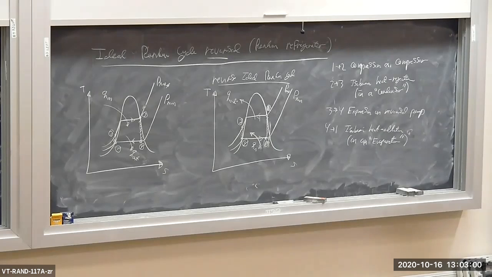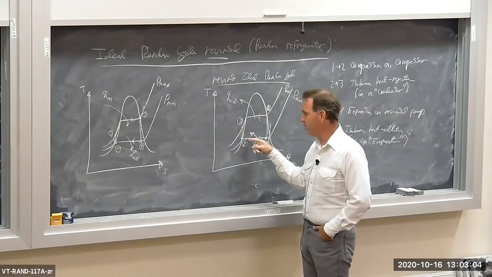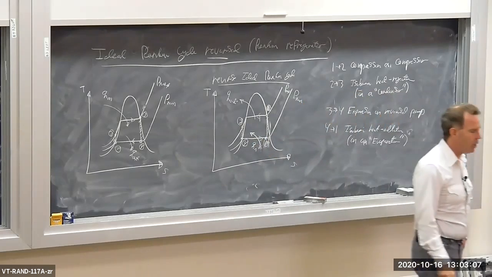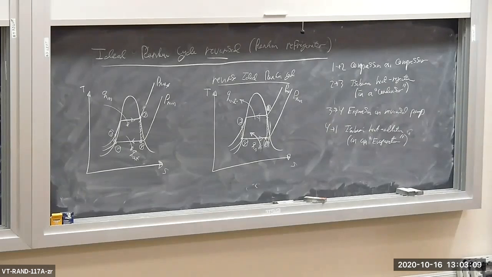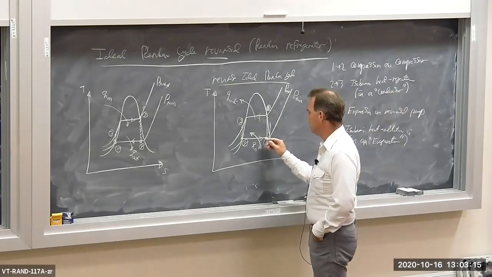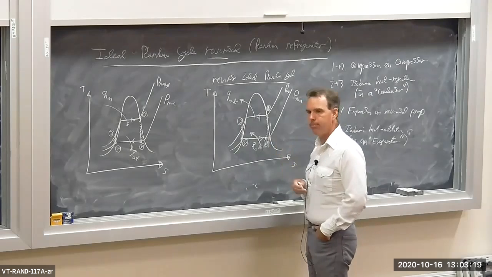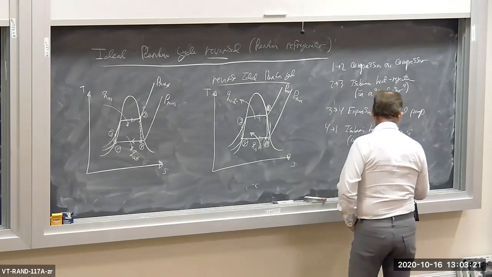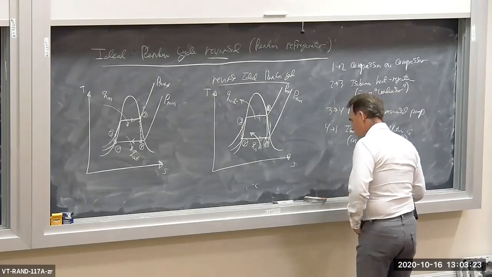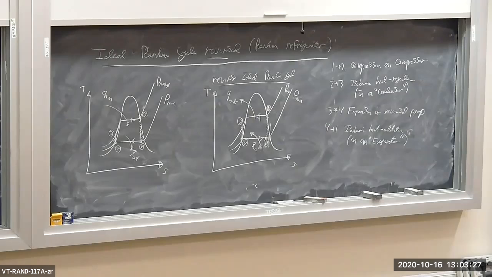If you have way too much liquid, you're down here and you try to put this through a compressor, you will lock up or jam and break the compressor because liquids are incompressible. So having state 1 being a mixture is not so good for a compressor. It'd be much better if it was a saturated vapor. Okay? So let's write down this problem and we're going to fix the cycle.